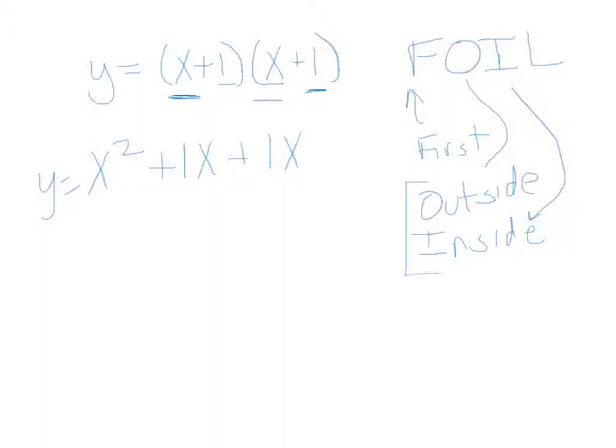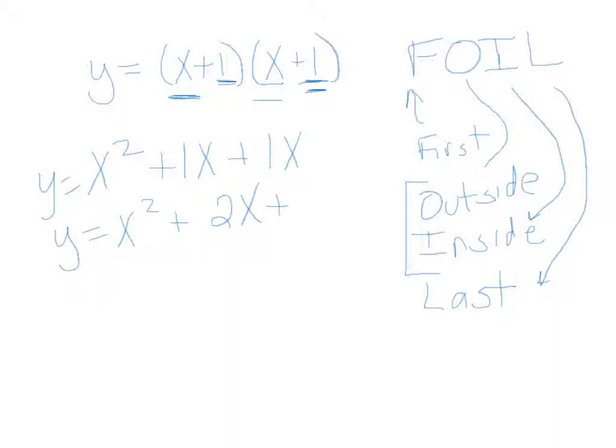These are usually like terms, unless we have something really weird up here. So we can combine those like terms. 1x plus 1x is 2x. And then L stands for last. So 1 times 1. Okay, then we're back into standard form that we know.